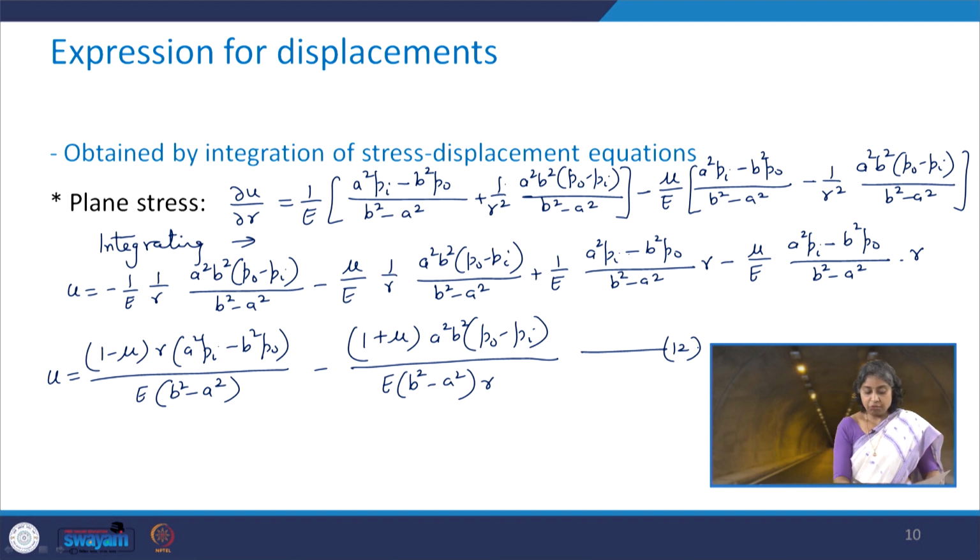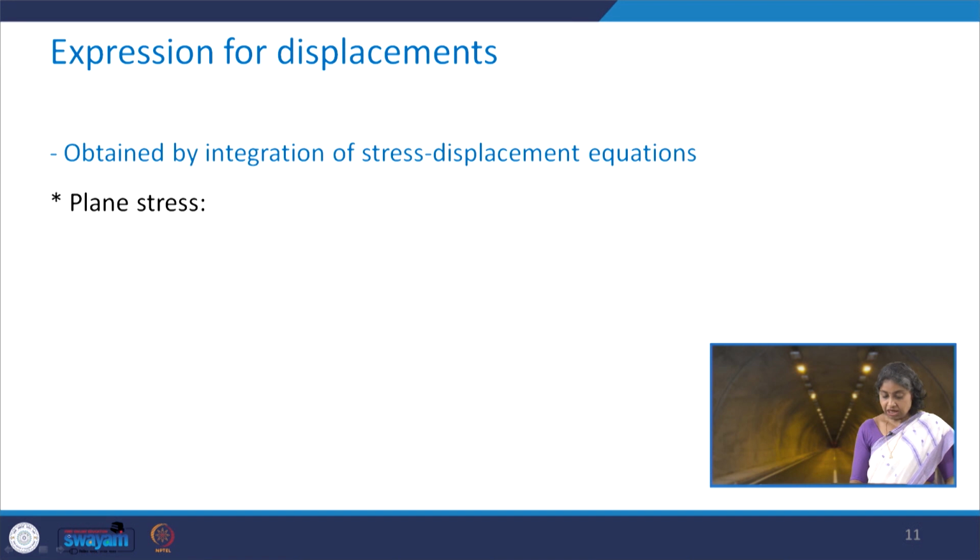So, this is how we can find out the displacement u, and due to complete symmetry, displacement v, we have seen that it is already equal to 0. Now, for the critical condition, we have p i to be equal to 0.